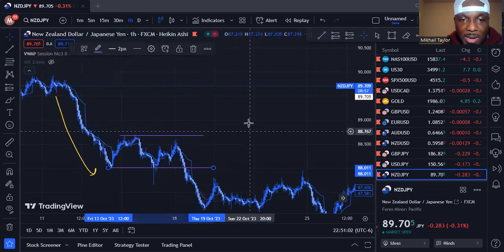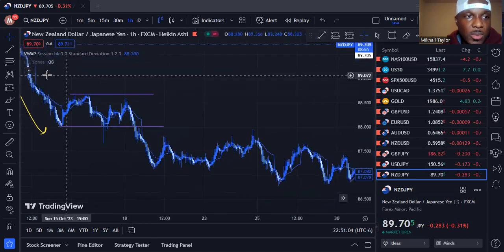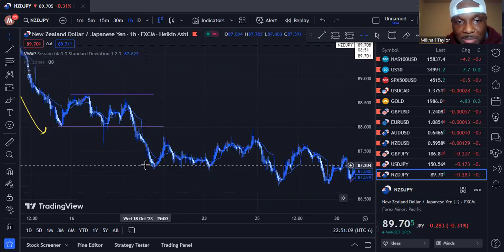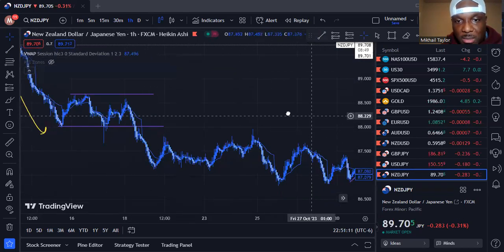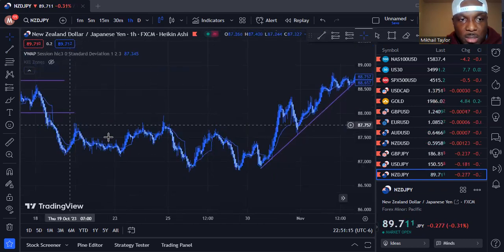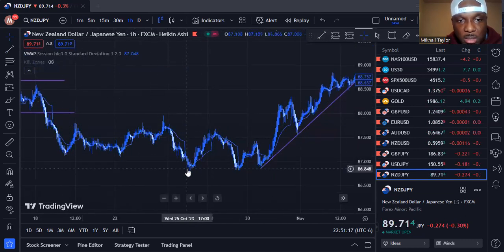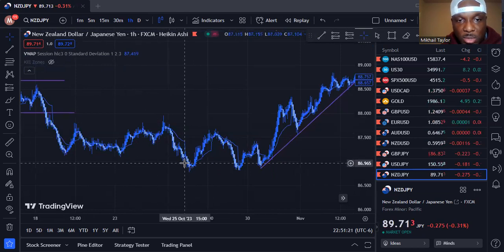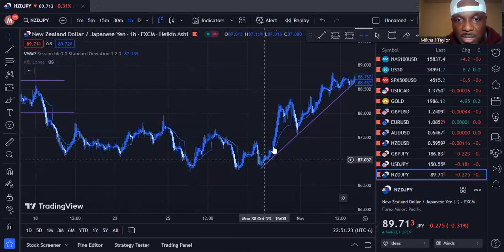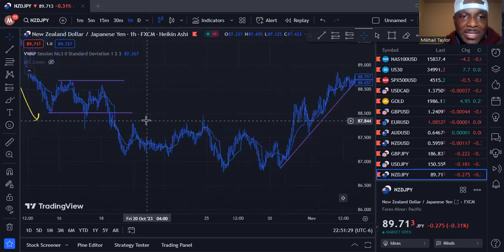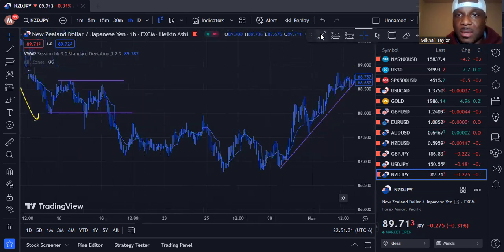And then it broke out of that range. So price dropped, consolidated, dropped again, consolidated. Dropped a little bit, consolidated, and then it went into a trend.